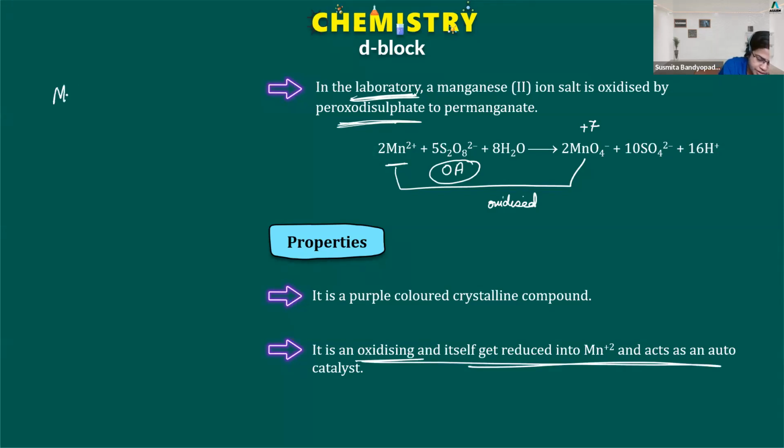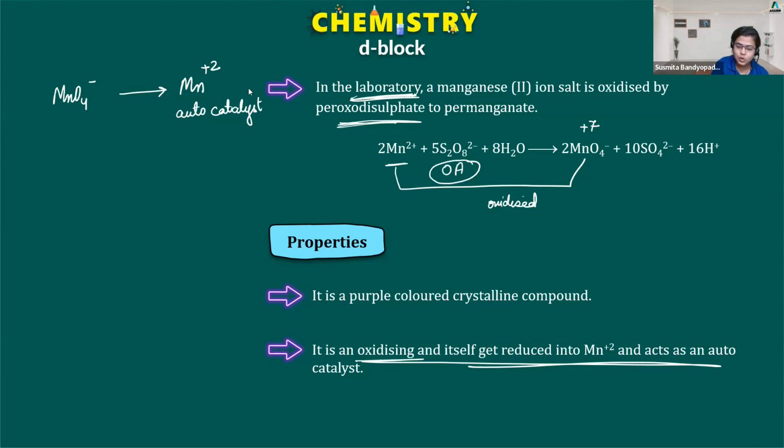Yes, this one I was coming into. MnO4 minus in acidic medium becomes Mn plus 2. This Mn plus 2 is an autocatalyst. Say I titrate KMnO4 versus Mohr salt or oxalic acid. When the reaction starts and a bit of permanganate gets converted into Mn2 plus, once Mn2 plus forms, the rate of the reaction increases because Mn2 plus acts as an autocatalyst.